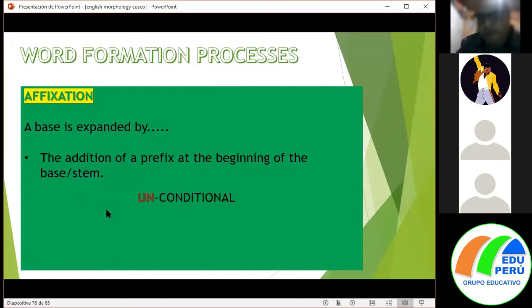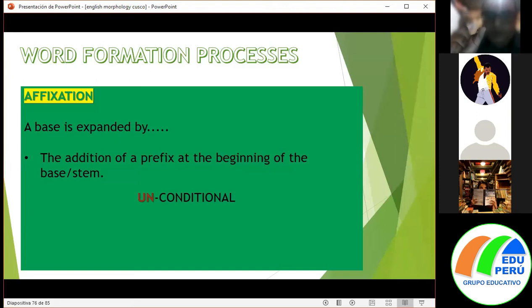Condition, conditional. So you add, and you're creating words. You are creating more words from a base word or a stem. You add prefixes and suffixes and you're creating more words.